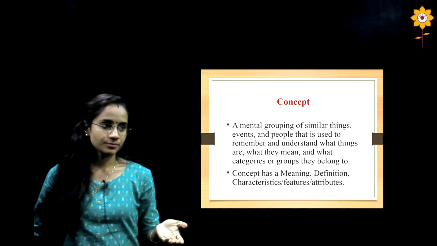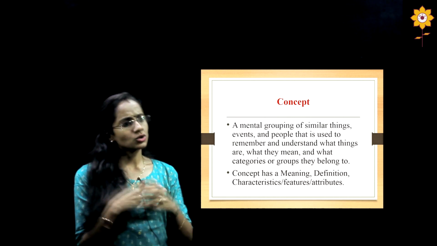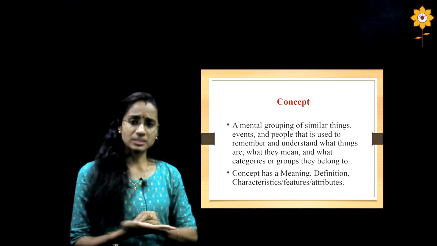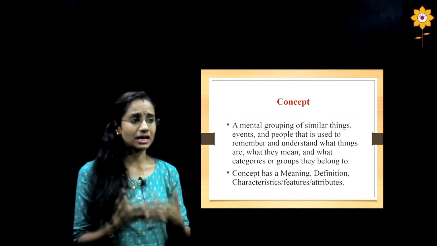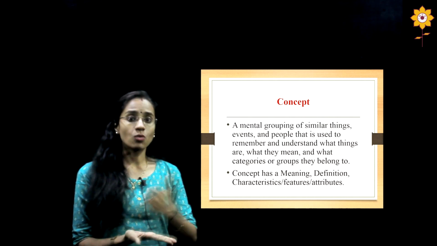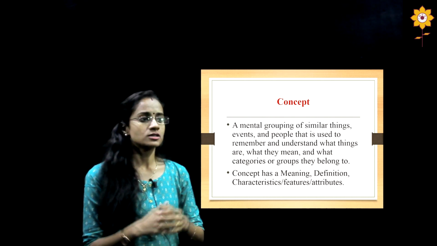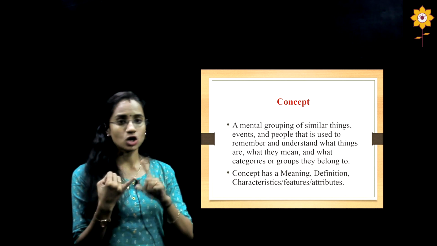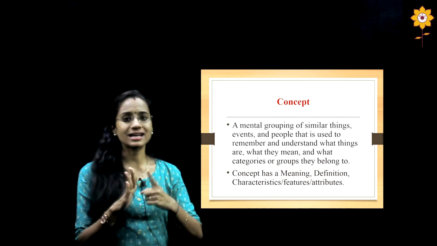Moving ahead. When I'm saying a concept, a concept is a mental grouping of similar things, events, and people that is used to remember and understand what things are, what they mean, and what categories or groups they belong to. So a concept has a meaning, definition, characteristics, features, and attributes.